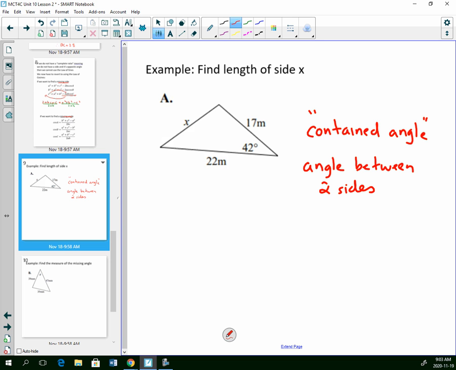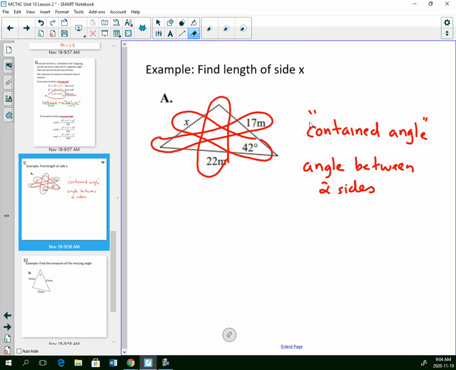So if I have a contained angle, I don't have a complete ratio. In that ratio, I only have the angle and I don't have the side. In this ratio, I have the side, but I don't have the angle. And in this ratio, I have the side, I don't have the angle. So if you have an angle in between two sides, you do not have a complete ratio, so you'll have to use law of cosines.